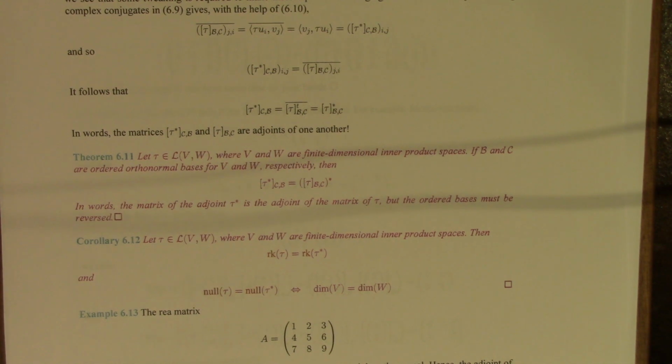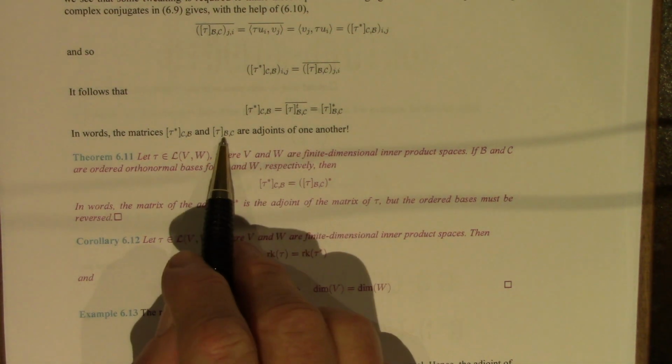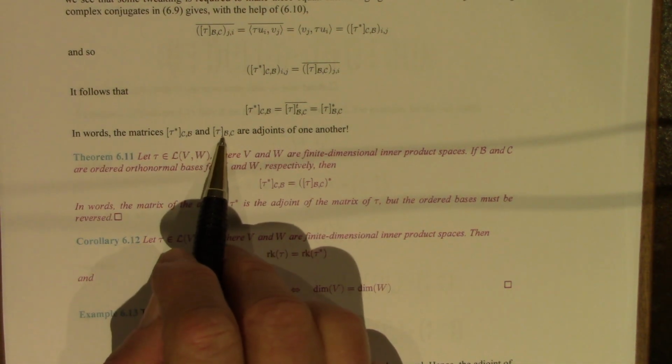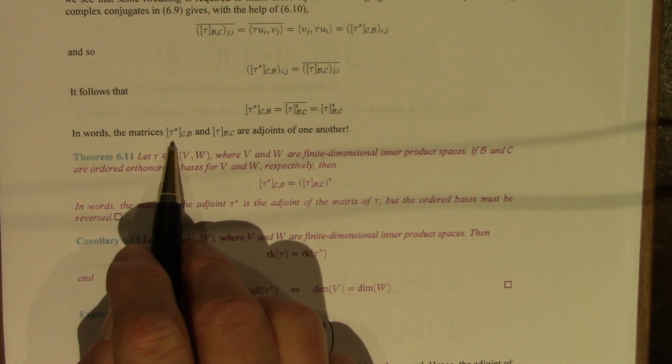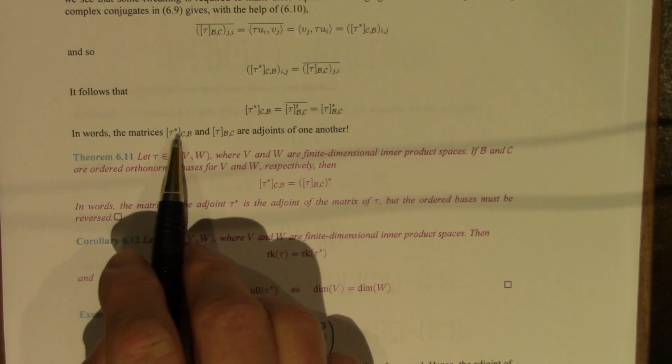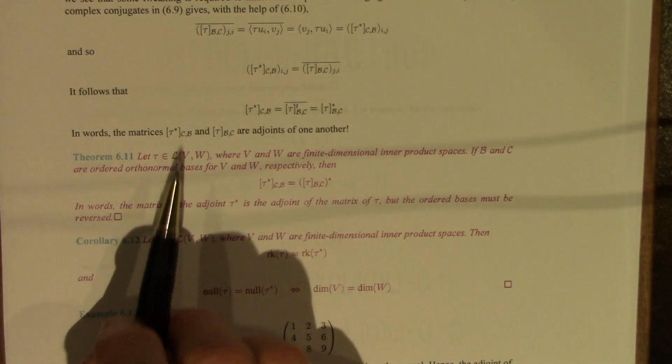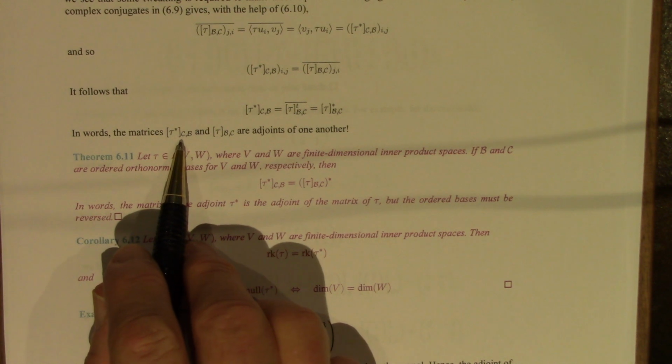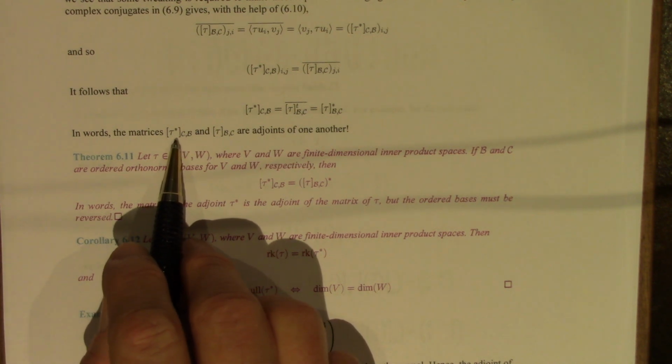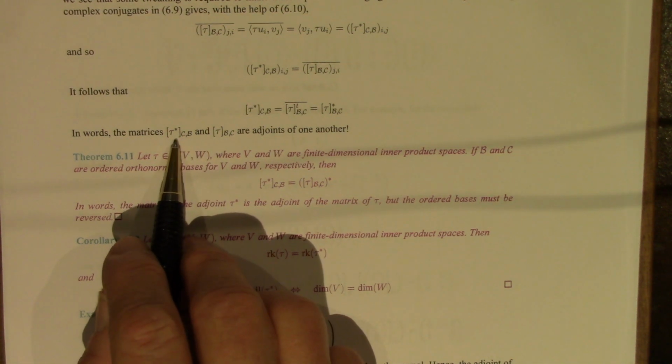And that's very simple to do, conjugate transpose. So it's very easy, once we get a matrix representation of tau, to get a matrix representation of tau star, and then we know how to apply tau star because we have a matrix representation for it. So this is constructive. The definition is not constructive.